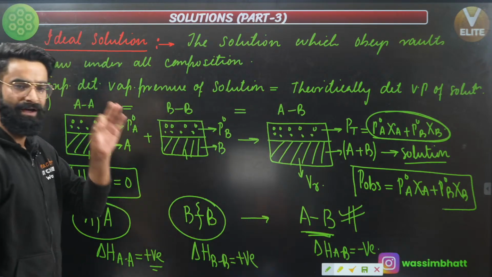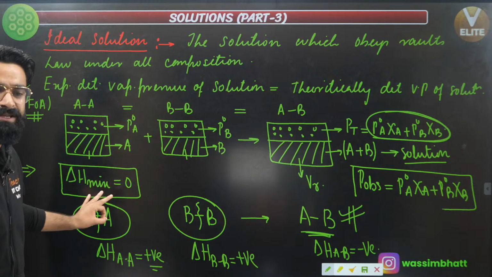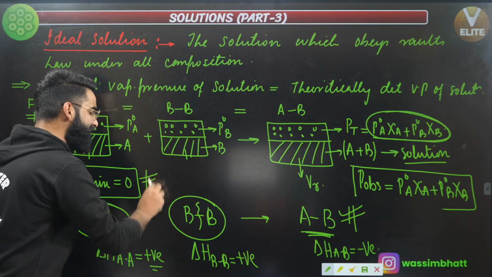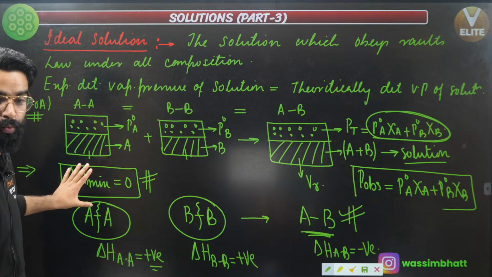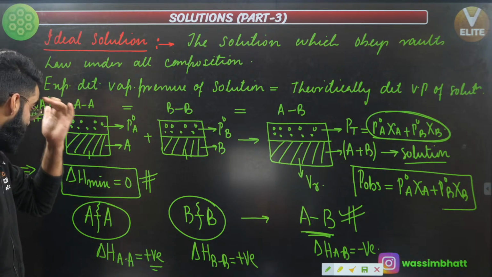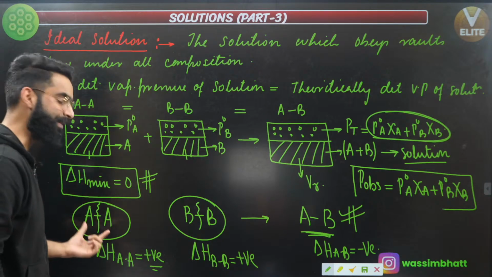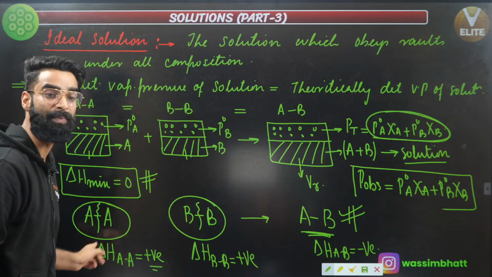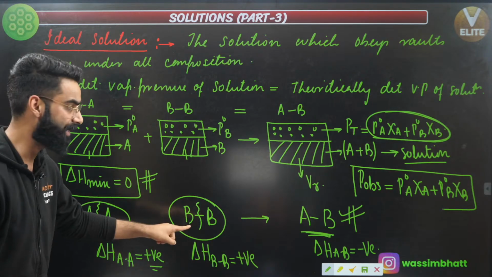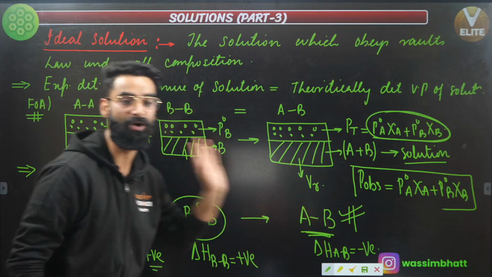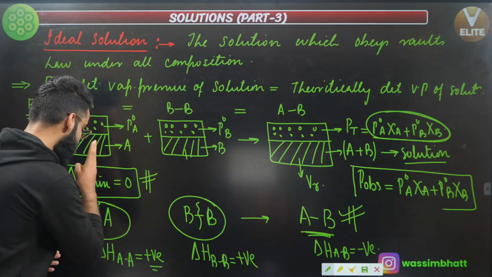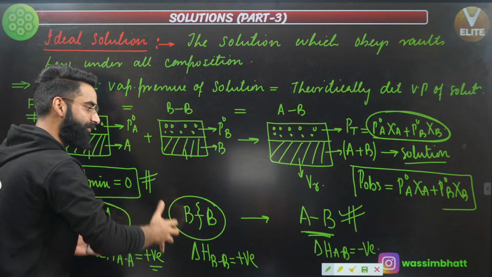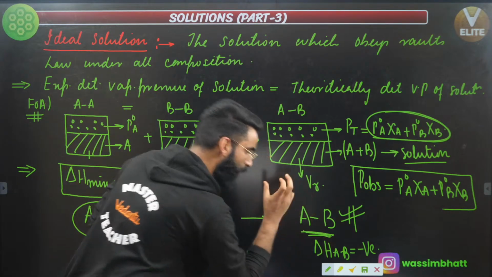Correct? Remember, in case of your ideal solutions, delta H mixing is equal to 0. What does that mean? That simply means the energy required to break the bonds is equal to the energy released after the bond formation. Whatever energy is absorbed over here to break these bonds, the same amount of energy got released once this bond got formed.